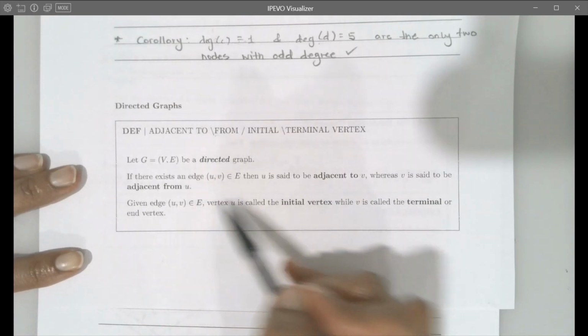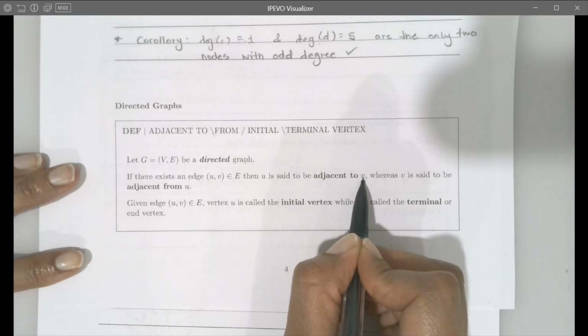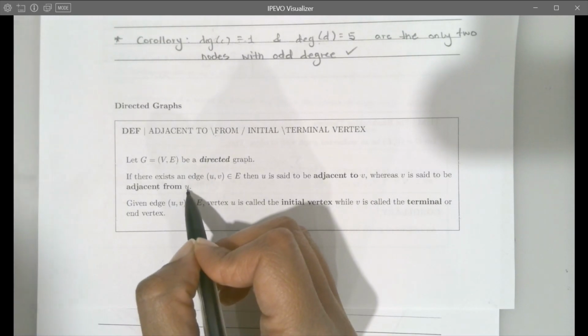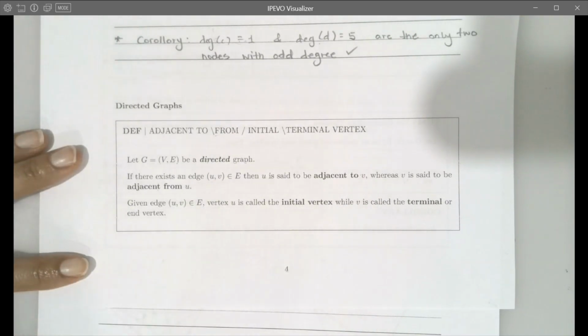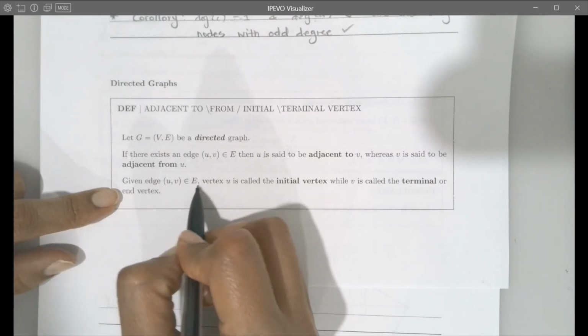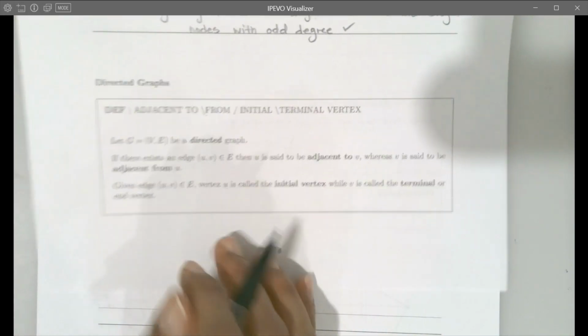So it's a subtle difference. U goes to v, you can remember it that way, and v came from u, if that helps you remember. Now, given the edge u comma v in E, vertex u is called the initial vertex, and v is called the terminal or end vertex.